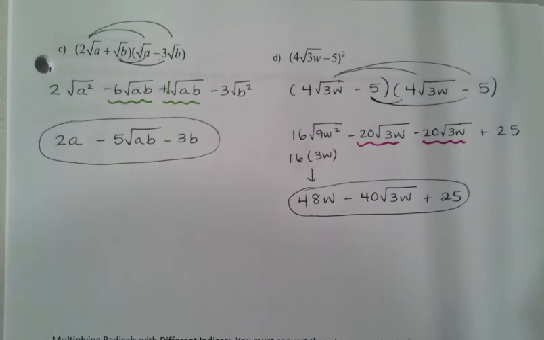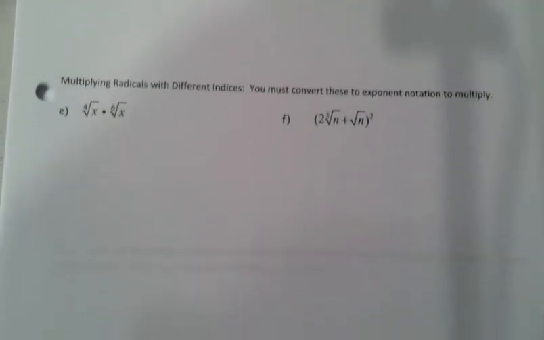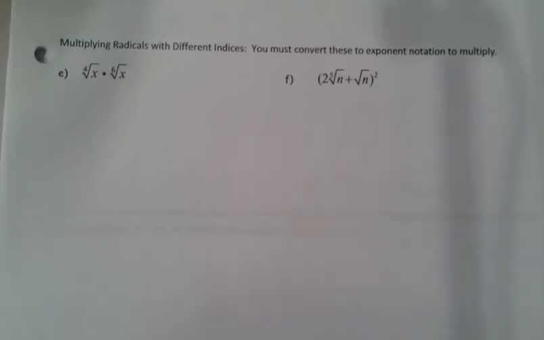All right, when we started here, I said that you can multiply radicals as long as they have the same index, right? They're both square roots, or they're both cube roots, or something like that. In fact, there is a way to get around that, but I can't do it with radicals.